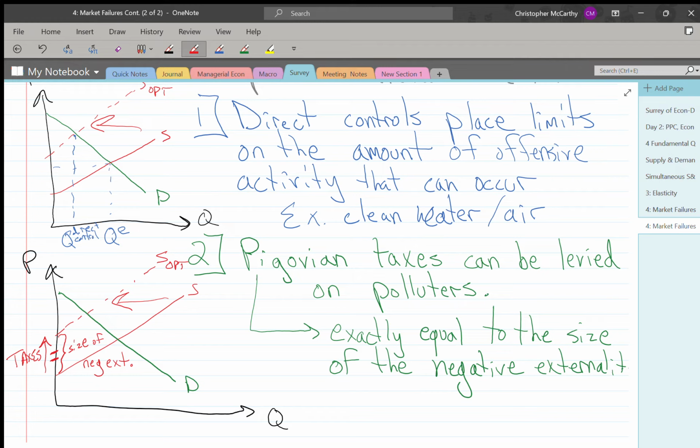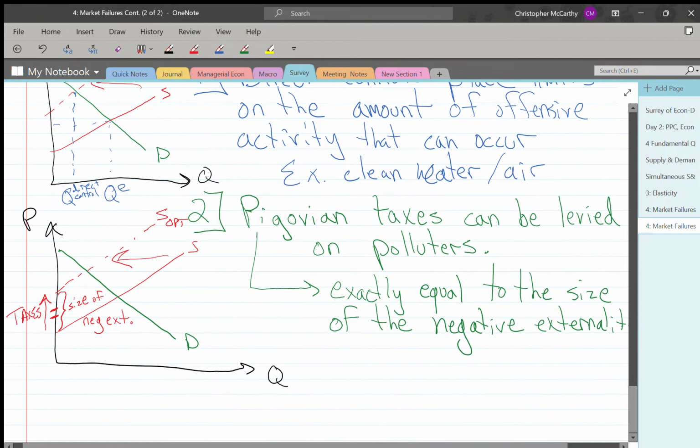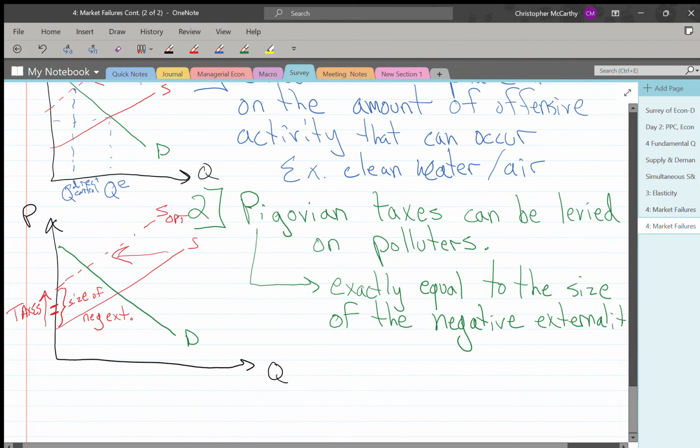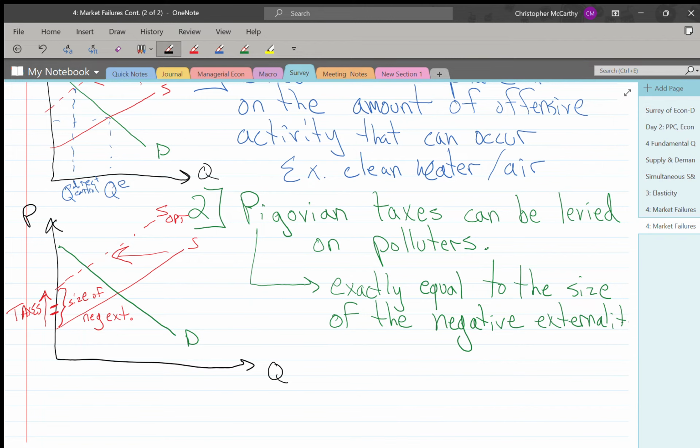And so similarly, when it comes to positive externalities, this is where it gets a little confusing. So we'll take our time here.